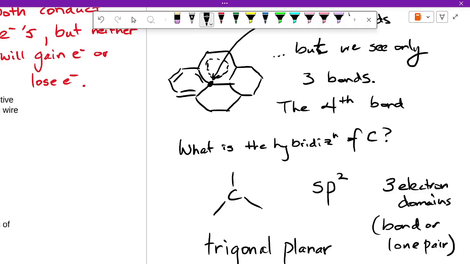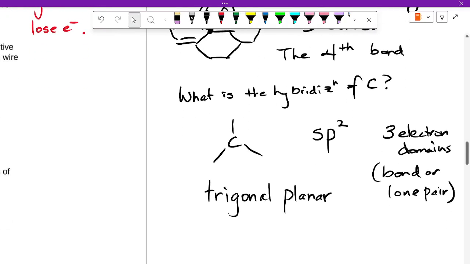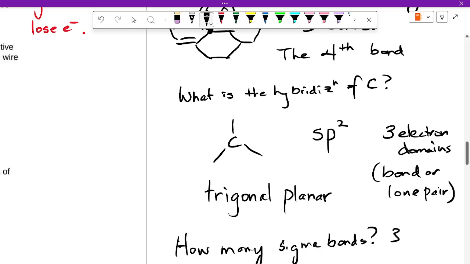How many sigma bonds on this carbon? Because remember, every single bond is a sigma bond, and every first bond of a double or triple bond is a sigma bond. Say the first bond of any bond is a sigma bond.